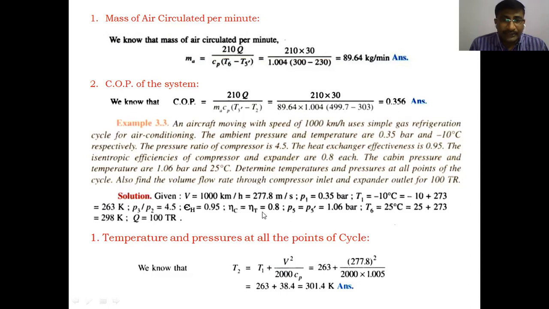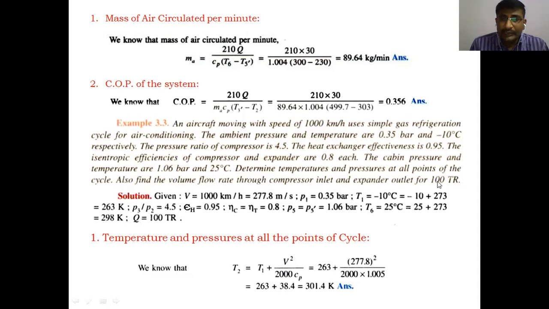Next, compressor efficiency and turbine efficiency are both the same, 0.8. And the cabin condition, maintained at P5 or P5 dash, which are the same, 1.06 bar, and temperature in the cabin is 25 degrees centigrade, that is 298 Kelvin.